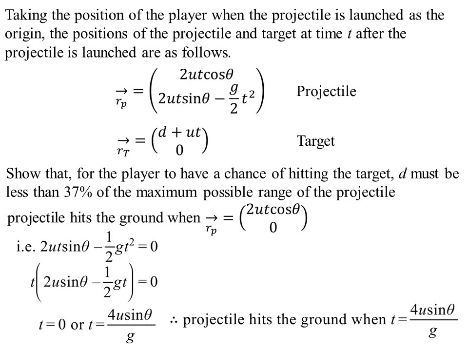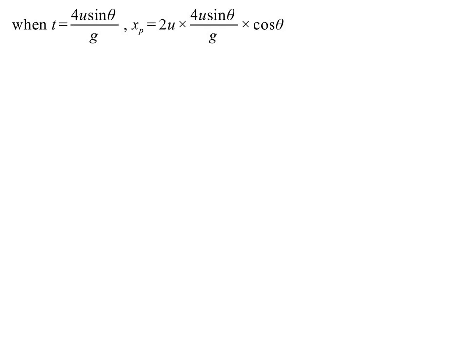Now when that happens, what is the horizontal displacement of my projectile? We'll sub it into the expression that they gave me, and we end up with 8 sine theta cos theta, which I've changed to 4 sine 2 theta.